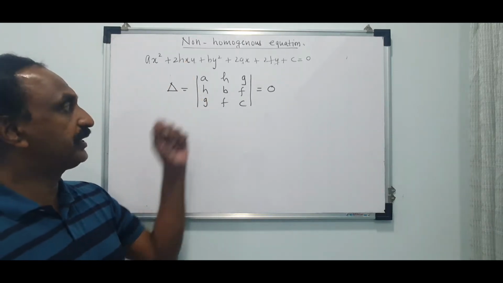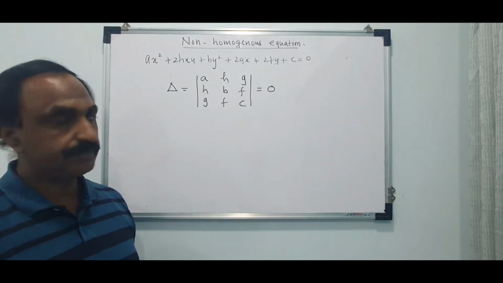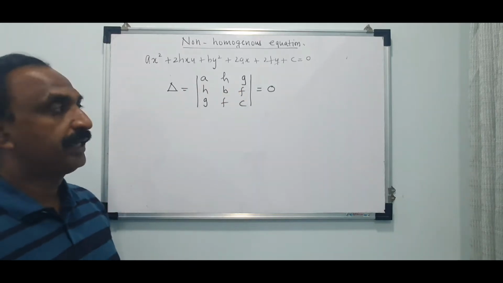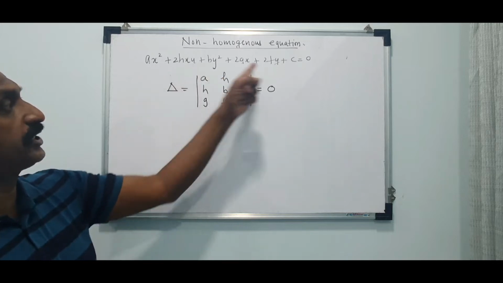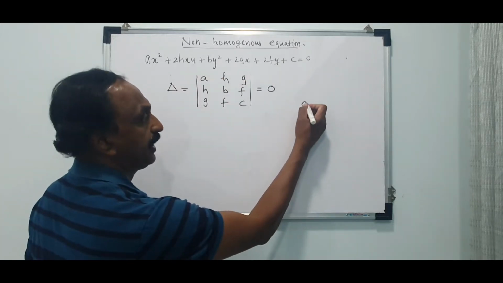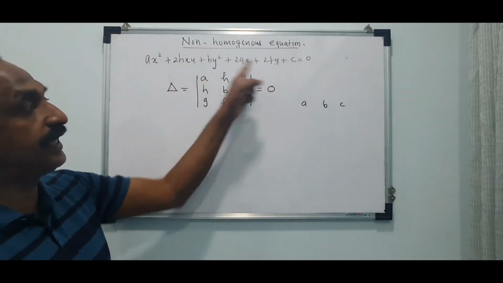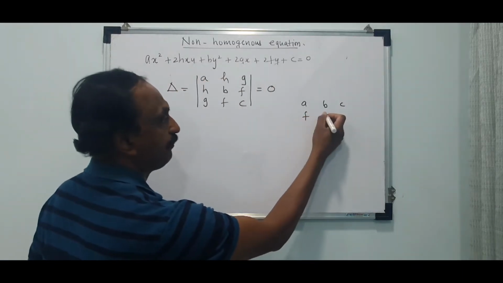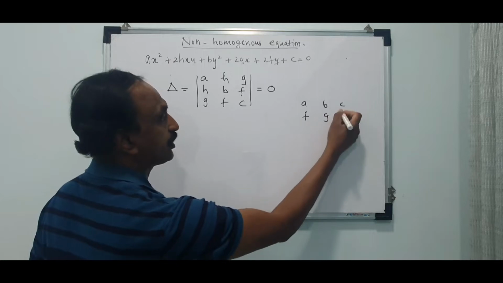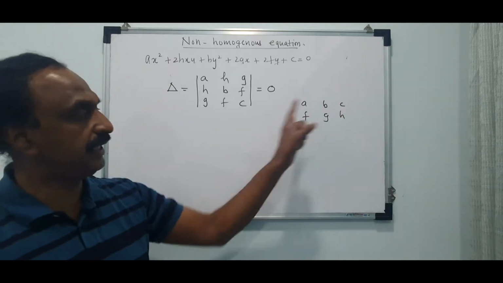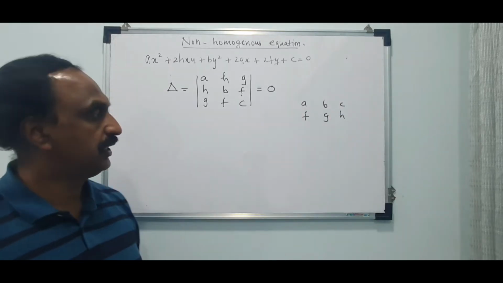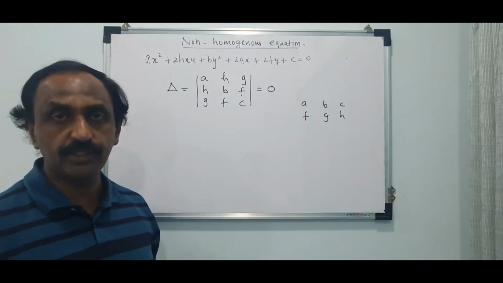Now to remember this, I can also give you another method, the expansion of this. What are the alphabets that we have in it? We have a, b and c. Then there is no d here. Then we have f, g, h in order. Write the alphabets in order.